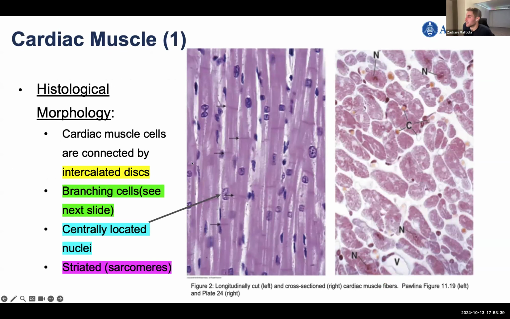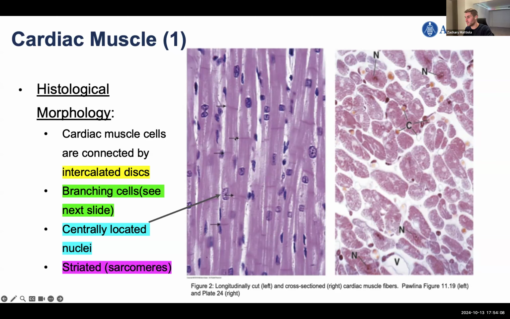All right, so now that we've discussed skeletal muscle in depth, let's discuss cardiac muscle. Cardiac muscle has a lot of similarities to skeletal muscle. It also has a lot of differences. One of the differences is that unlike skeletal muscle, remember what I said, it's just a long tube full of cytoplasm, nuclei, and contractile elements. Cardiac muscle are individual cells that are connected by these little points of attachment called intercalated discs.